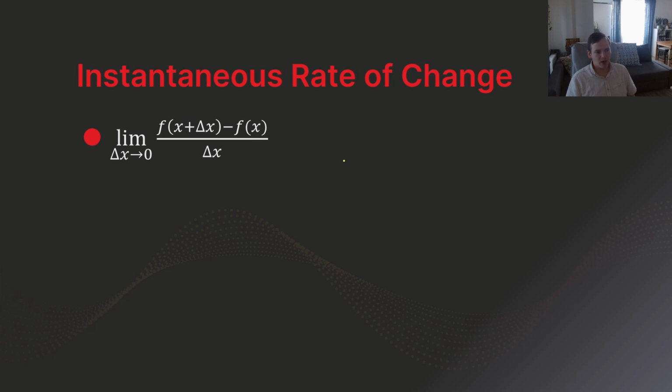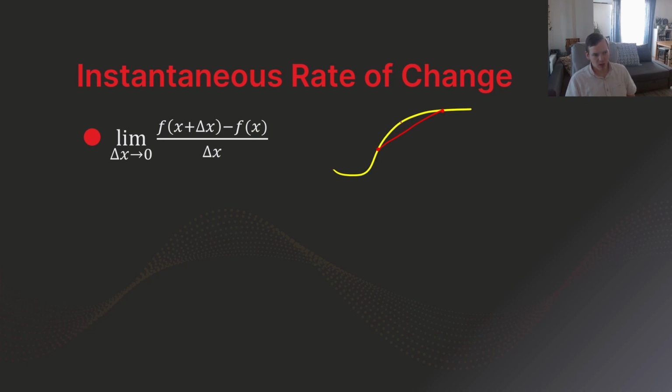And so you can think about if I've got a function, right, something like this, then what I'm doing here is I'm taking some point here, and then I'm adding some delta x and finding the new output. So if I took a big delta x and found the new output, then this would be the slope that I get when I calculate the rate of change.